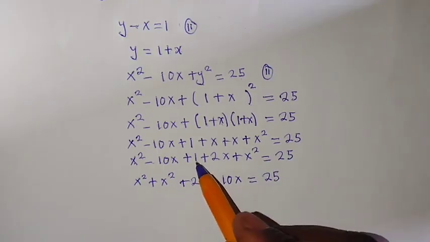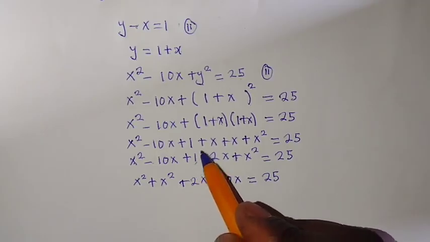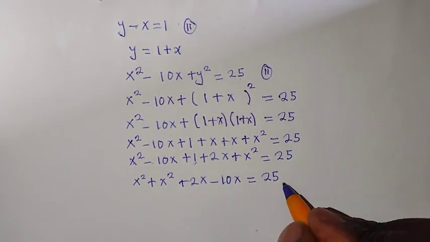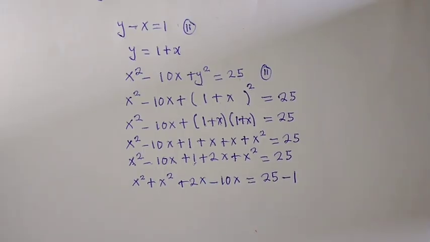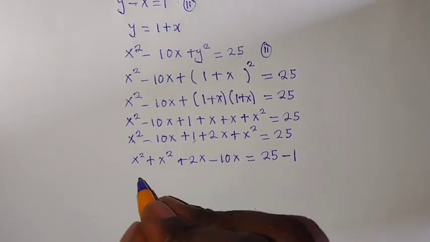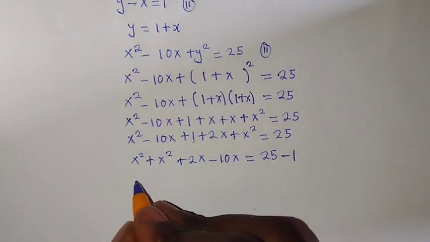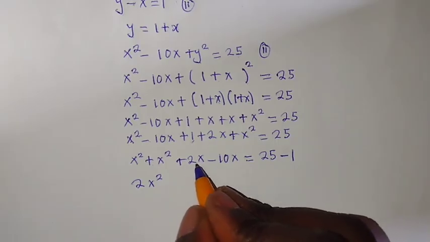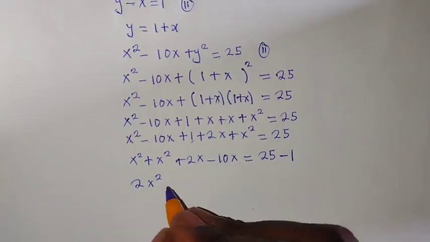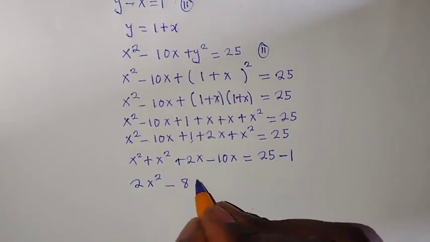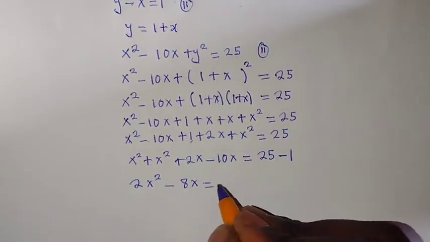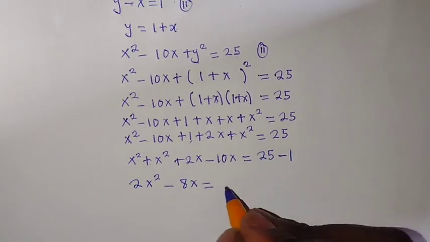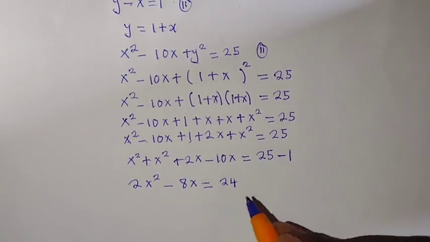Here you can notice that we have a positive 1, which we are going to take to the right hand side. So it will be a minus 1. From this stage, x squared plus x squared, we are going to have 2x squared. Positive 2x minus 10x, we are going to get negative 8x, which will be equal to 25 minus 1, this will be 24.